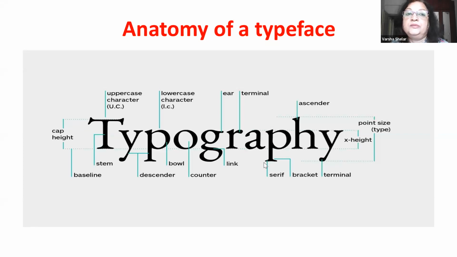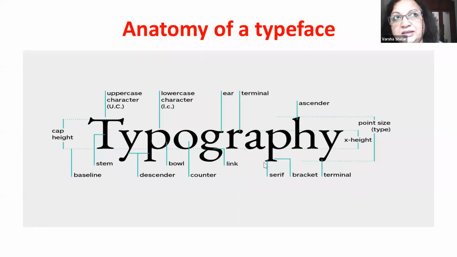Okay. So now we'll be looking at the anatomy of a typeface. What is anatomy? What is your understanding? What does the word mean? Do you do anatomical drawings in art? Can be defined as a skeleton for a particular subject.